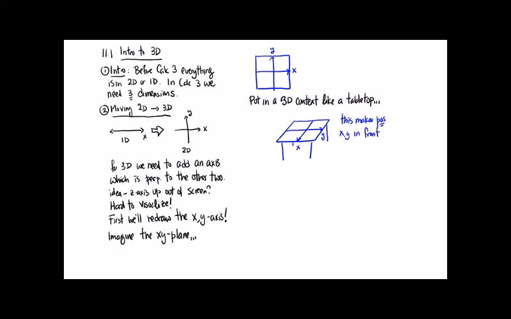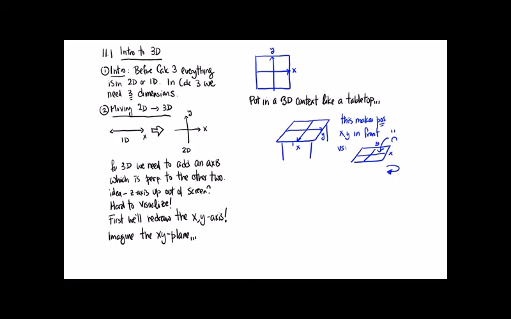Versus if we did something like the following, we won't do this, but this is just so you can see. It's really tempting to do this, but then positive x and y is in the back, and I don't want that. So I rotate this about 90 degrees this way, and we get the picture that we want.